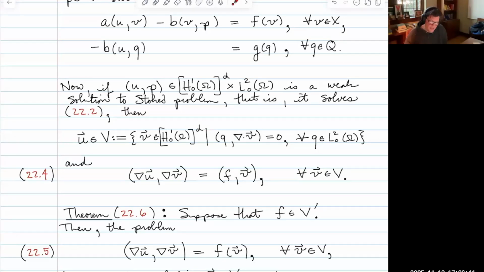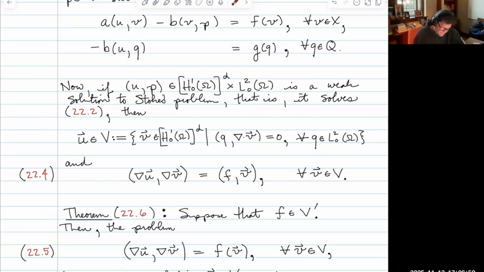There is a version of the problem which is easier to show existence and uniqueness for. And that's what we're going to tackle first. We're going to get the low-hanging fruit first, and then we'll tackle the harder question momentarily.